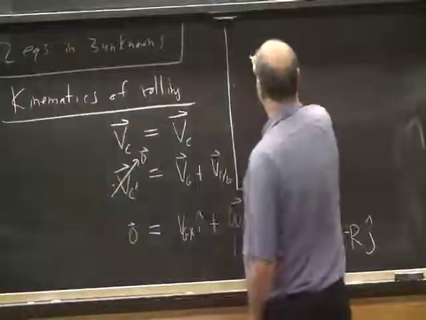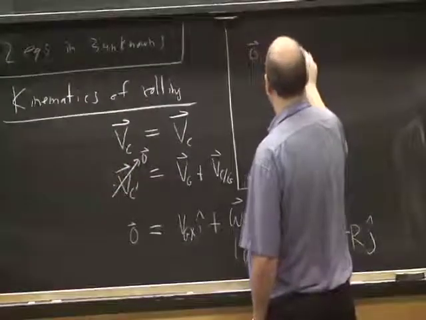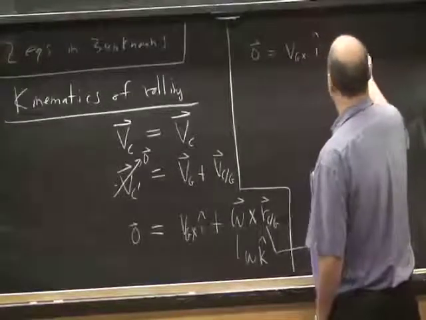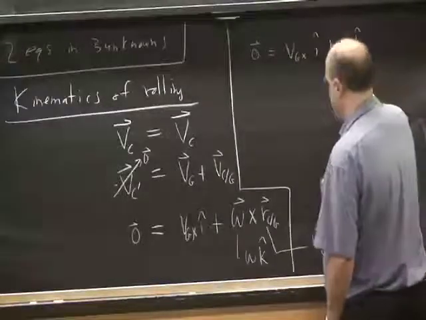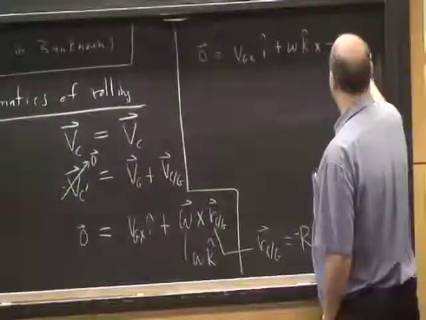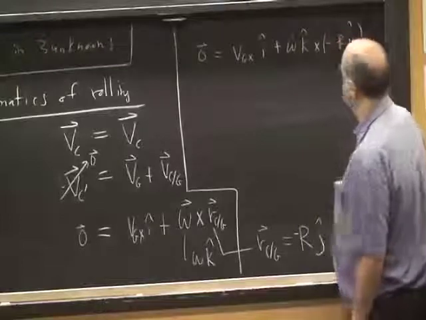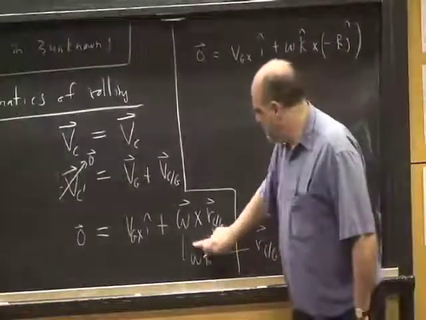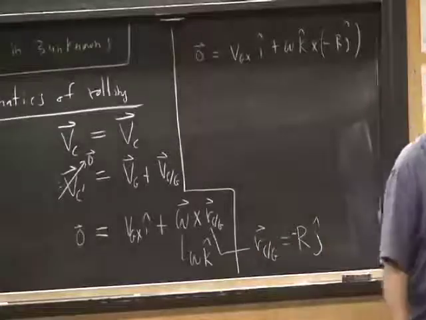Then this tells us that 0 is equal to vgx i plus omega k crossed with minus r j. Sorry, omega k. There's no dot here. Any questions about that?